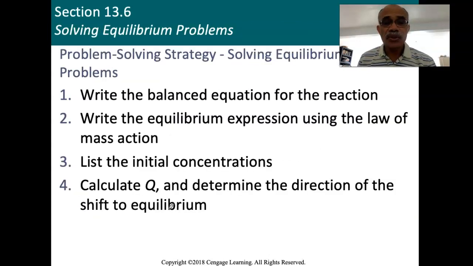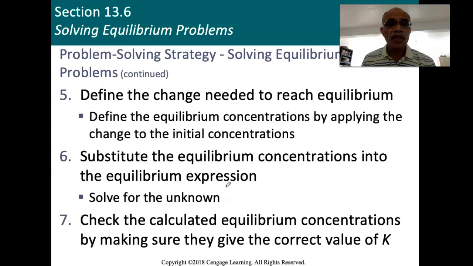Now let's go on to the summary of how we solve this sort of equilibrium problems. First, we need to have a balanced equation. And then from the balanced equation, we write the K expression, that is the equilibrium. And from that, from the given initial conditions, you can calculate Q. So that Q will tell the direction in which the system will go or the reaction will go, and then define the change.